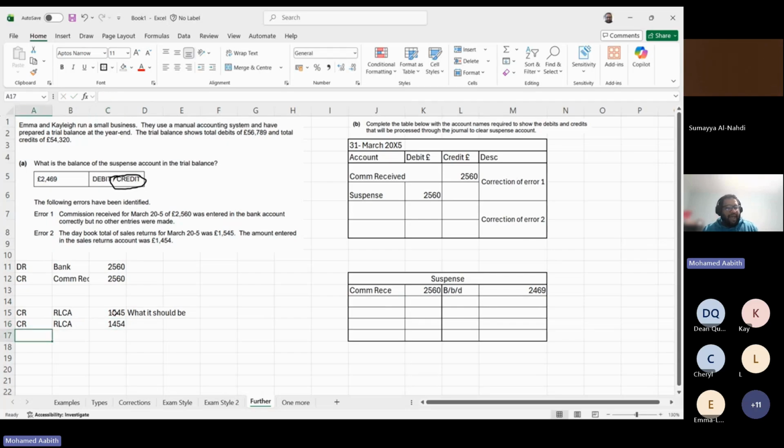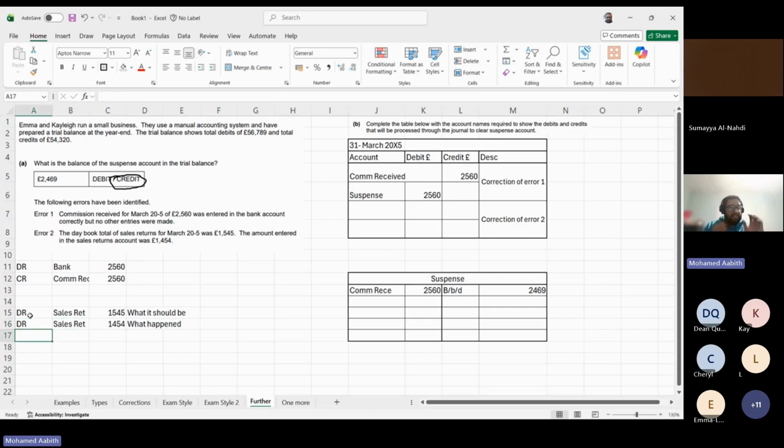What we do, did we put enough or less? As far as I know, the sales return account, no, hold on, this is the sales return account they're talking about. So it's not RLCA. So this is going to be debit sales return.